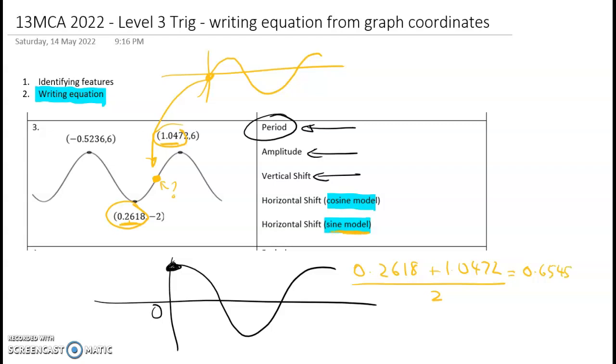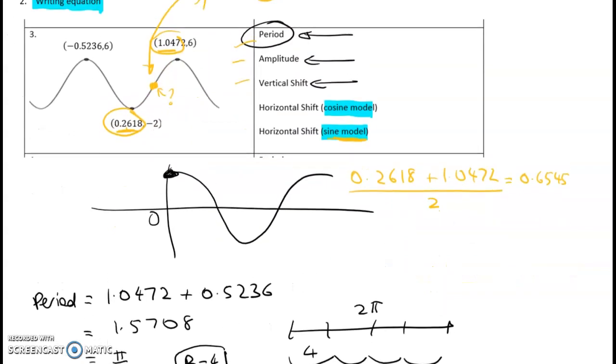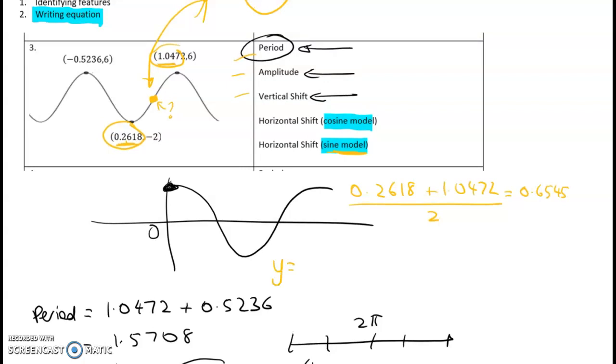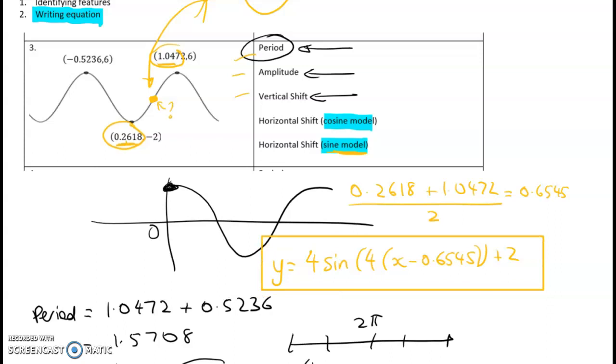If I'm using a sine model to do this, the period, the amplitude, and the vertical shift are going to stay the same, but my function is going to be y equals 4 sine of 4 times (x minus 0.6545), plus 2. So that's using a sine model to do it.